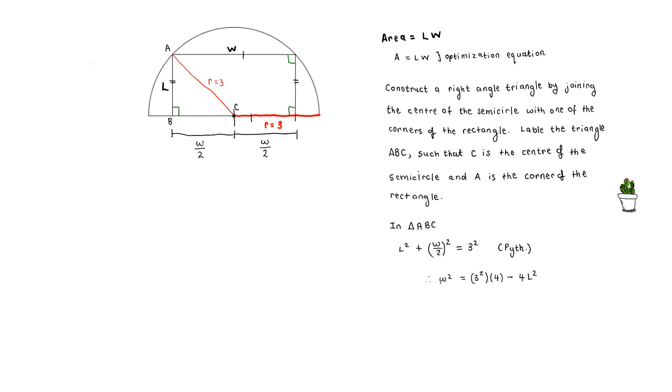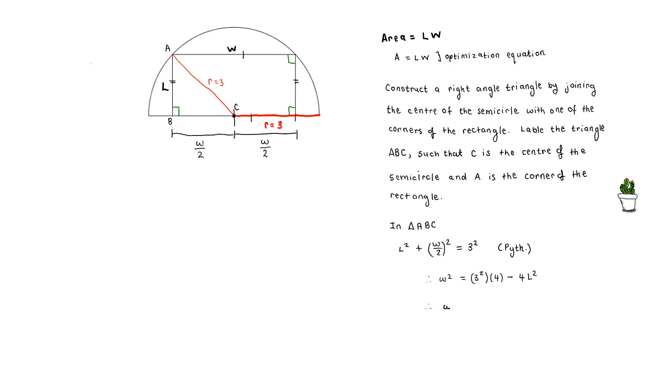Now, because W and L are both the length and the width of our rectangle, we can't have those two values being negative, so we are only going to be considering the positive square root of this.